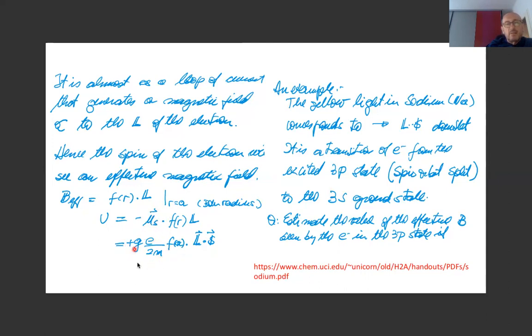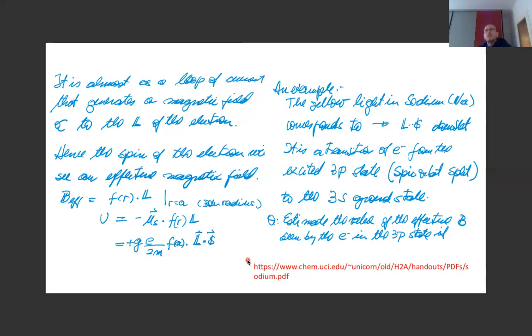This here is the magnetic moment of the electron, the intrinsic magnetic moment, and the function of R and L will be the effective magnetic field, and the interaction of the two will generate a split in energy.